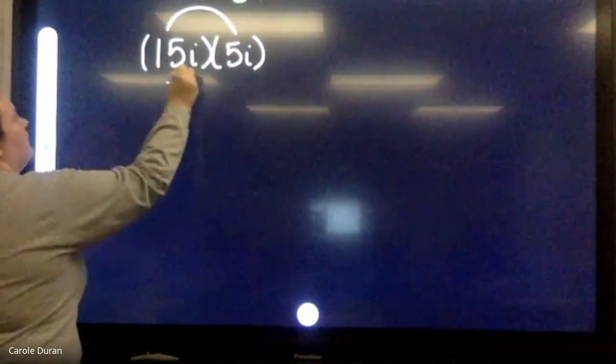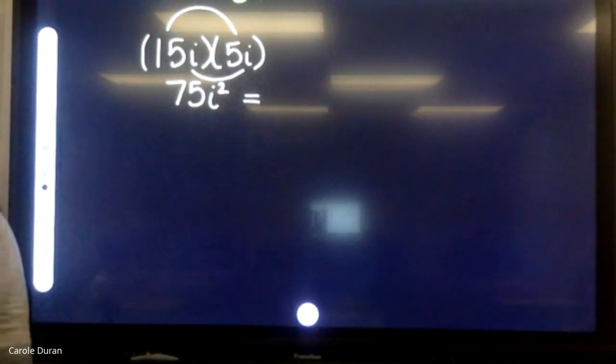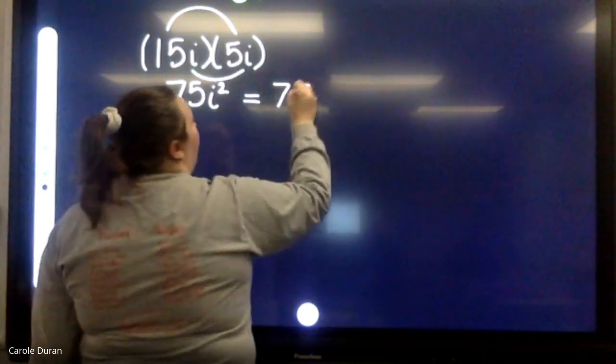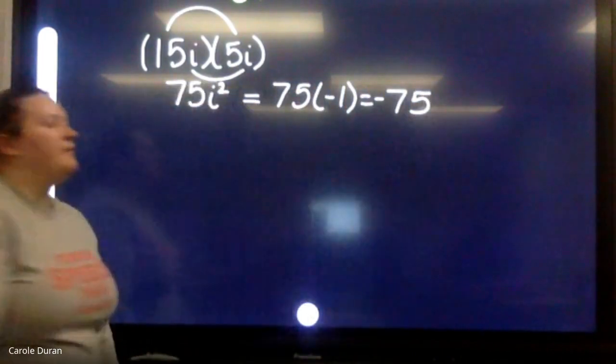So what's 15 times 5? 75. What's i times i? i squared. But we know that i squared is an actual number, right? What does i squared equal? -1. So this is the same as 75 times a negative 1, which makes it a negative 75.